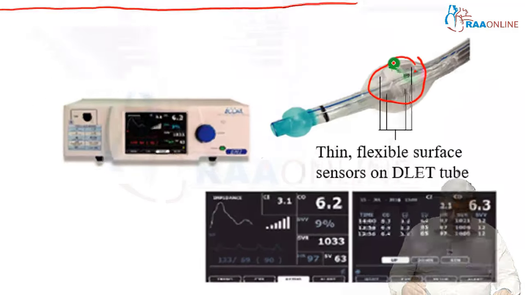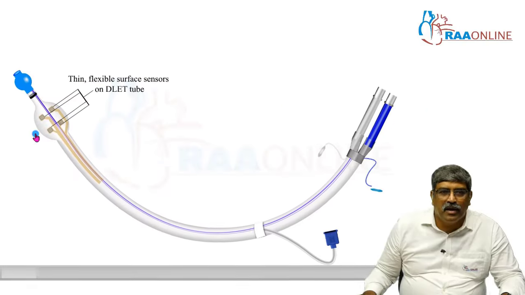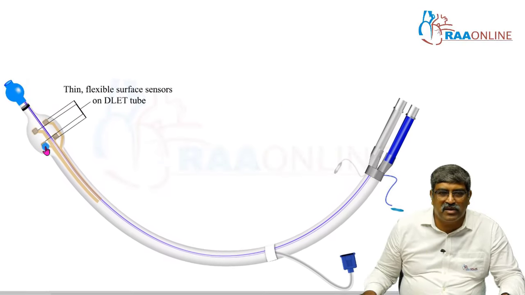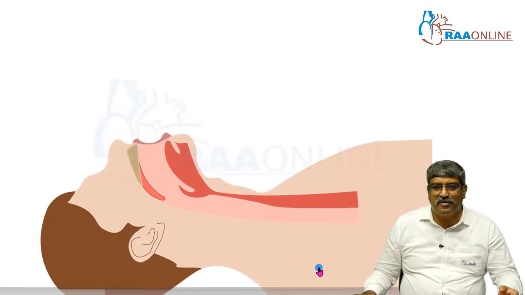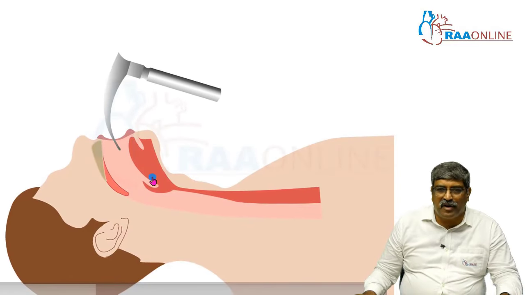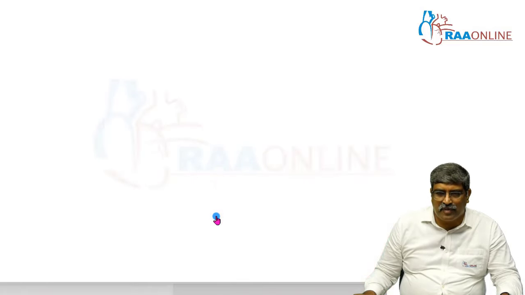You have the leads, you have the connector, and you have the cardiac output. Here you have 4 sensors which are located in the double-lumen tube. This sensor will measure the cardiac output, and you have a connector which will be connected to the monitor. After laryngoscopy, this double-lumen tube will be placed inside the trachea and it goes into the respective bronchus.